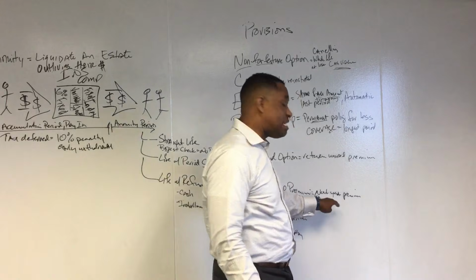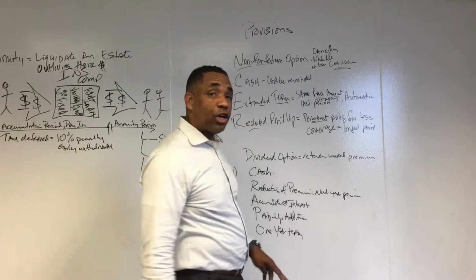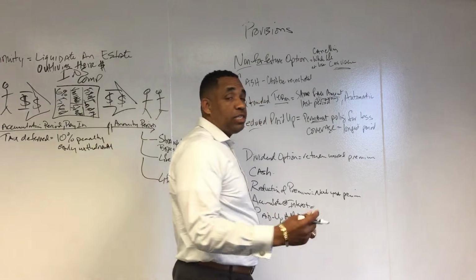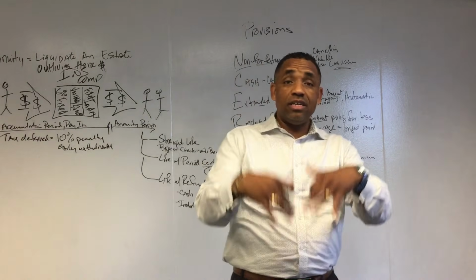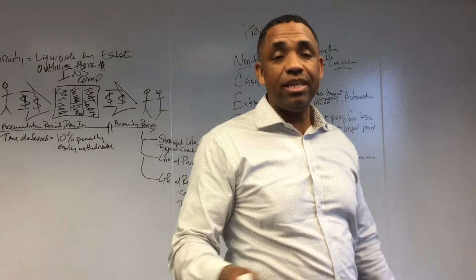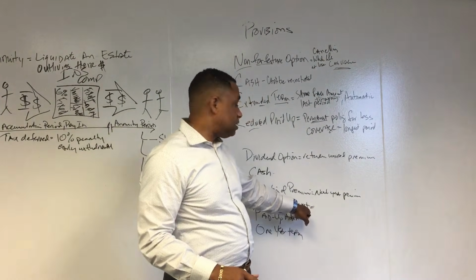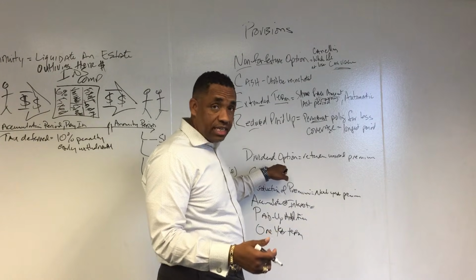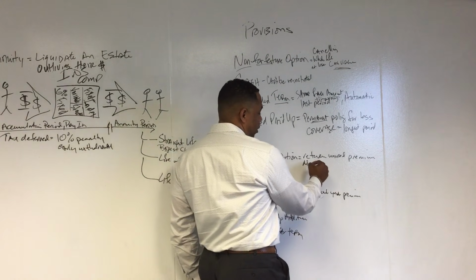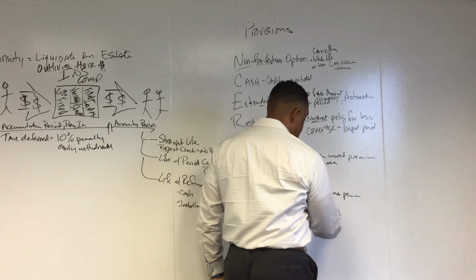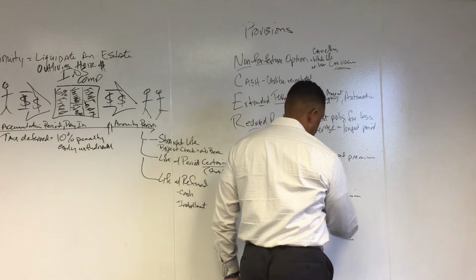So it's always next year's premium. Accumulate at interest. Insurance company owes you money. You say accumulate at interest, it means don't send it to me now, just send it to me later. I'll call you when I need it. So what you need to know on the test is that dividends are not taxable, but the interest is taxable.